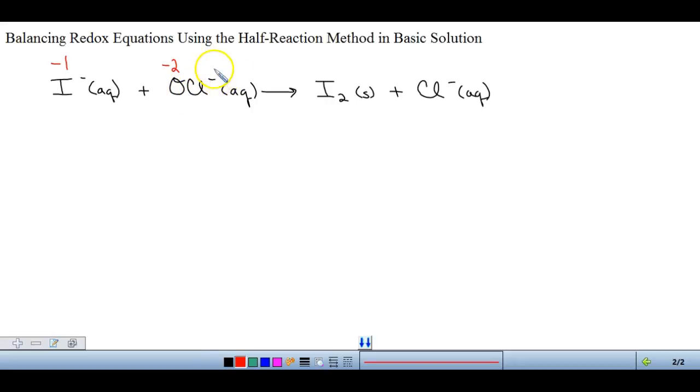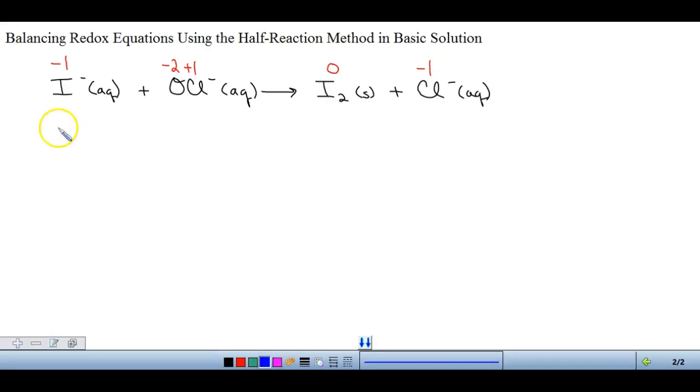So it's a polyatomic ion. Its overall charge is -1. So in order to keep that, chlorine actually has to be a +1. Interesting and weird. Iodine is going to be 0 because it's in its elemental state, and then the chloride ion is a monatomic ion. It's -1.